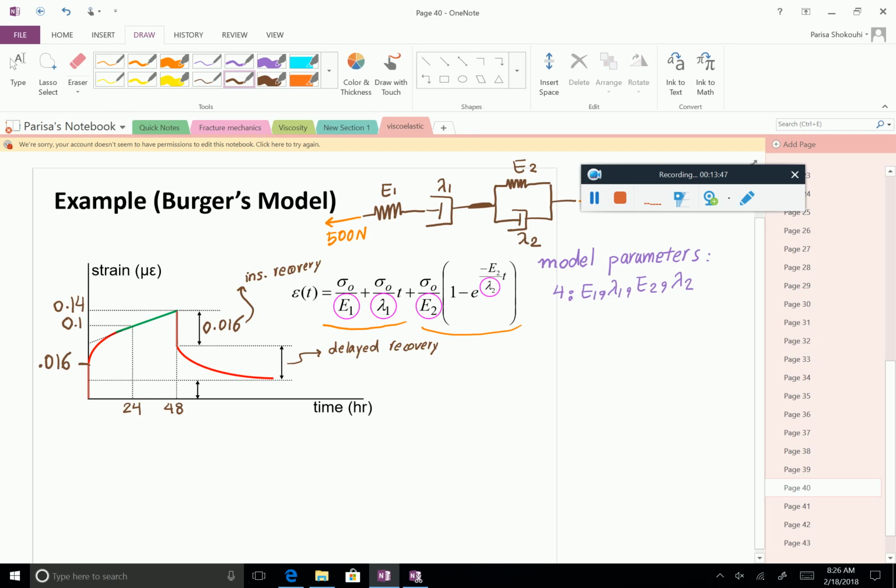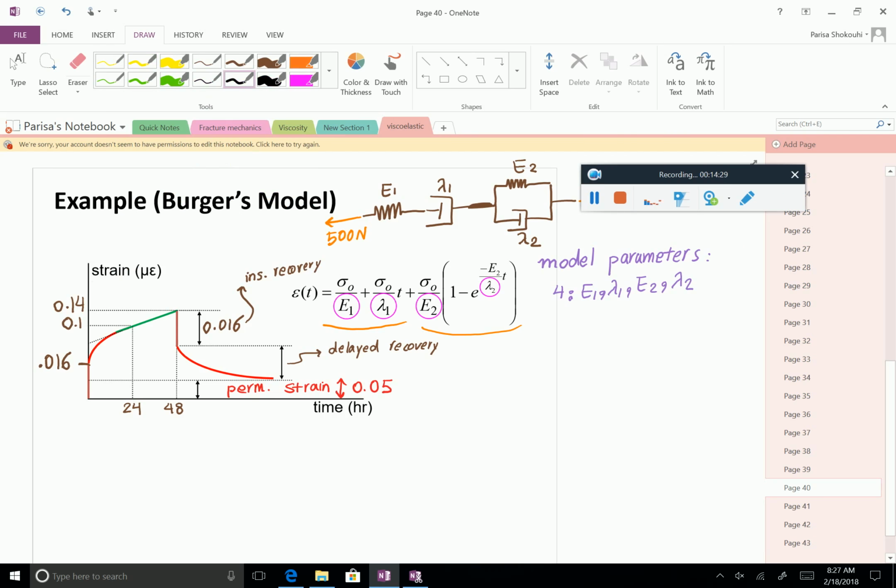And of course at the end we have some permanent strain, which we calculated to be 0.05. So we want to again find out what are the model parameters here. So the model parameters are E1, lambda 1, E2, and lambda 2.